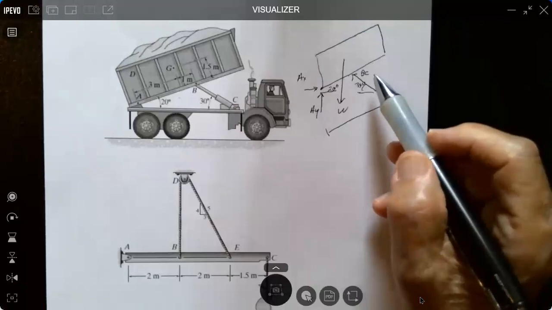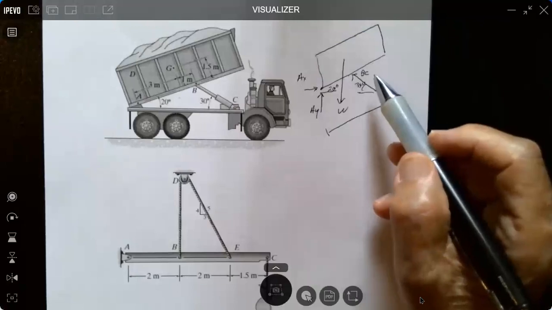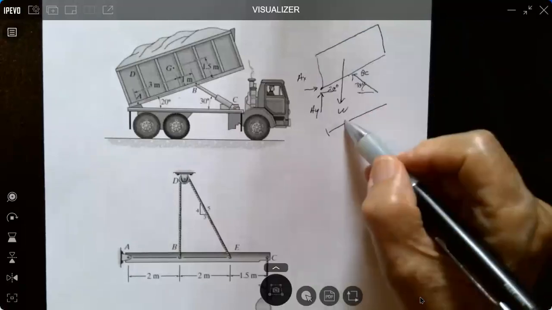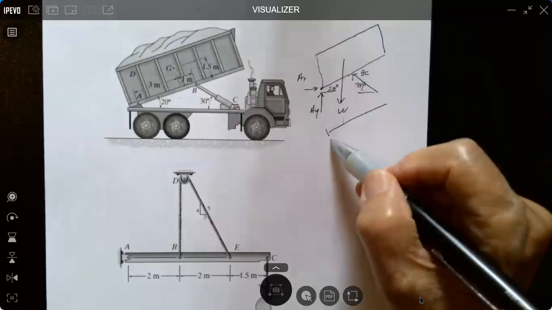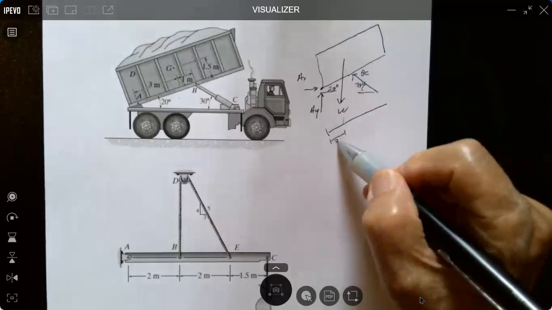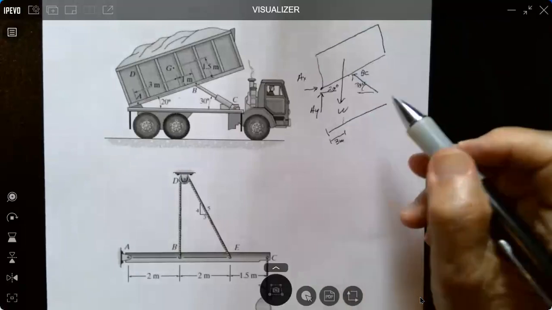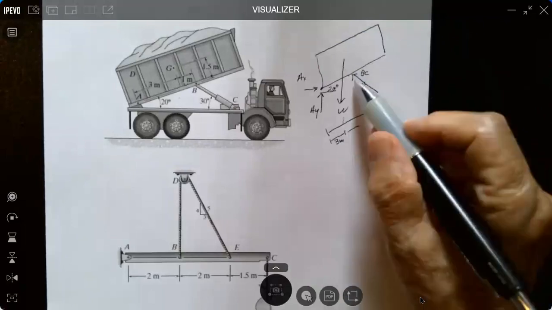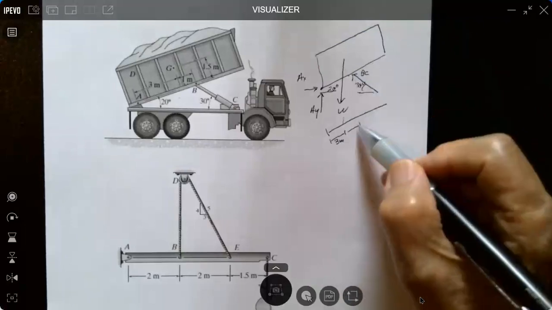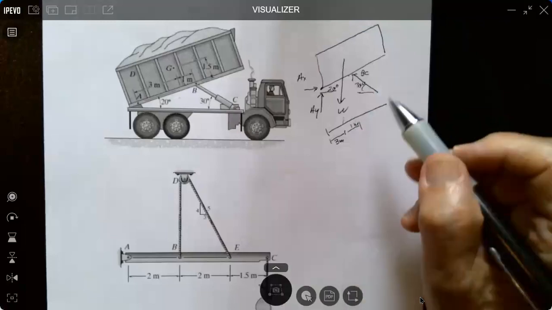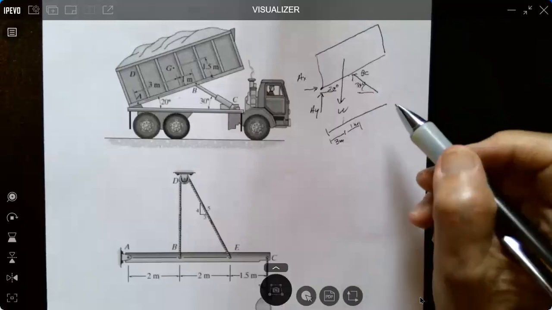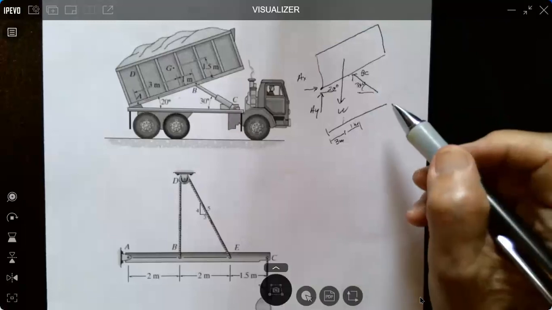So it's 3 meters to this, so it's 3 meters this way. And then it's an additional meter. I have to drop all this down here, 1 meter here. Okay. We got all the dimensions given, and the weight will be given also.